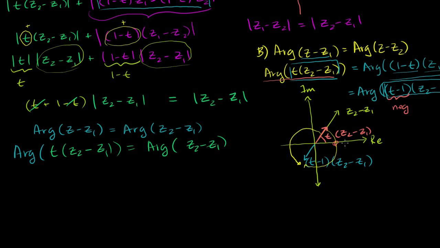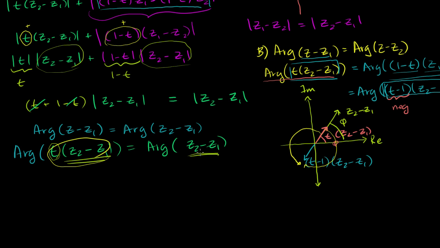We could leverage the same Argand diagram. In green right here, we have z2 minus z1. Its argument would be this angle phi. T times z2 minus z1 is just going to be the scaled down version of it, what we have in orange. Now clearly, t is positive, so it's not pointing in another direction.